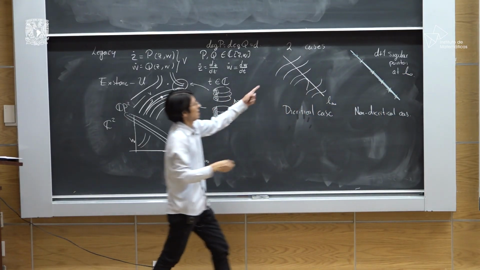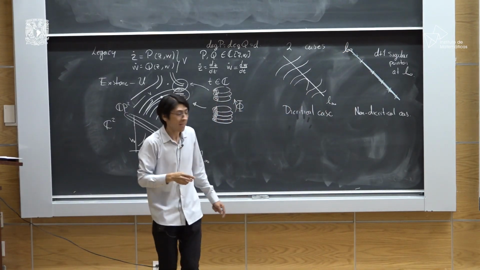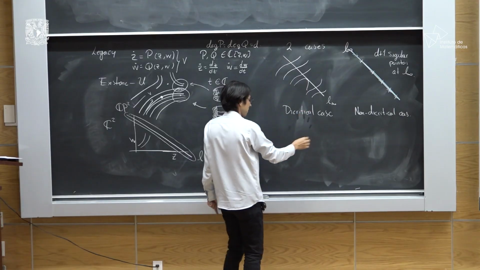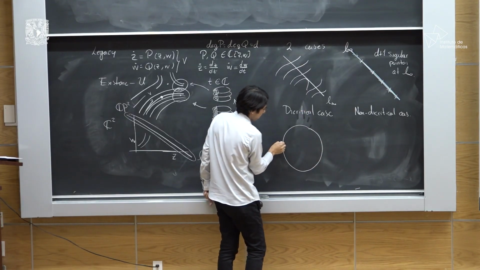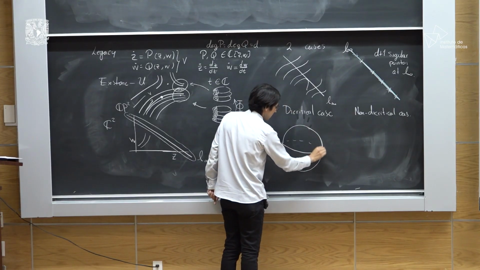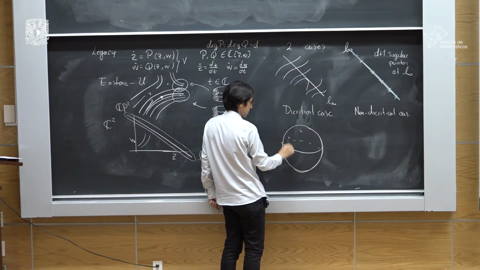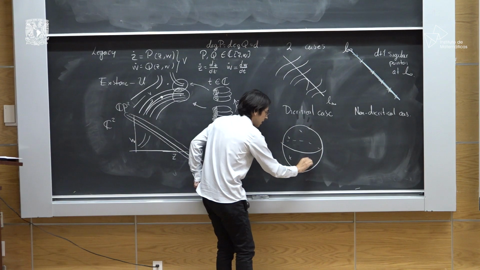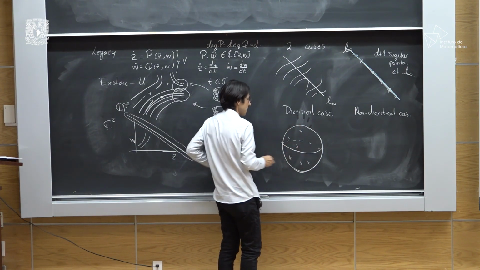And as the line at infinity is a projective line, it has a natural structure of Riemann surface. So in this Riemann sphere, we have punctures at these D plus 1 points.